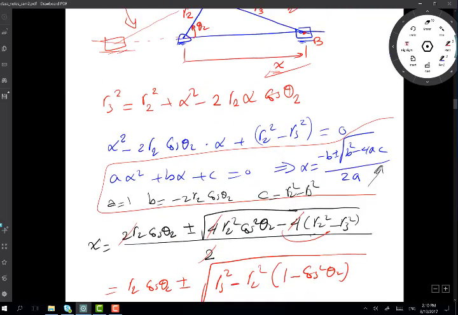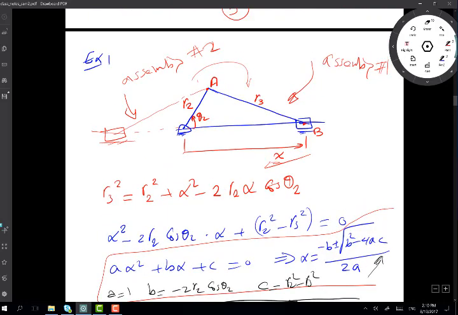Because when you go back and look at your linkage, when theta 2 is equal to 0, at this position here, you'll find that B is as far as it can get. That's one extreme position.